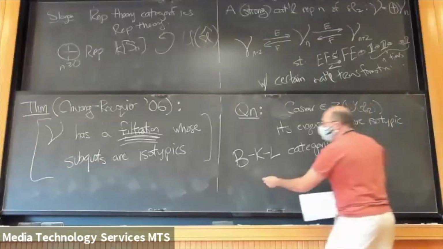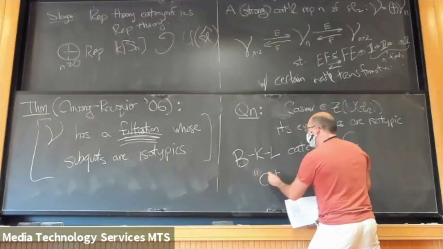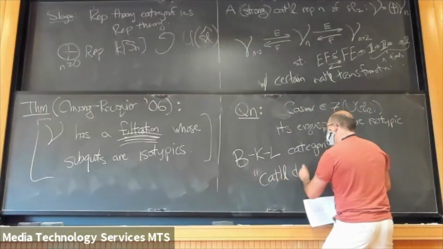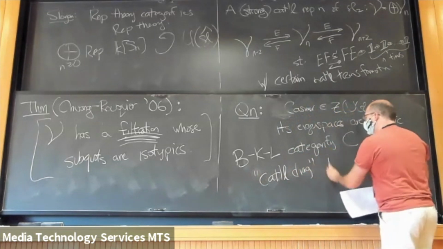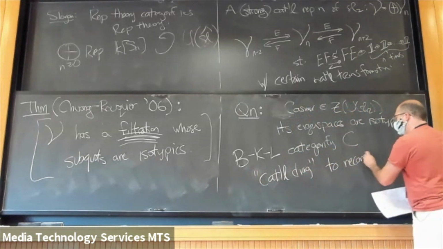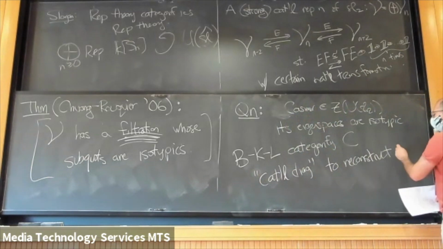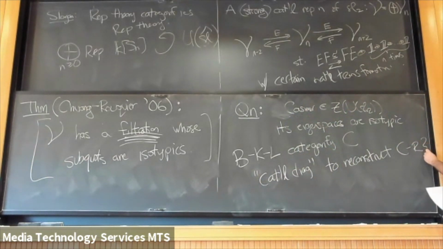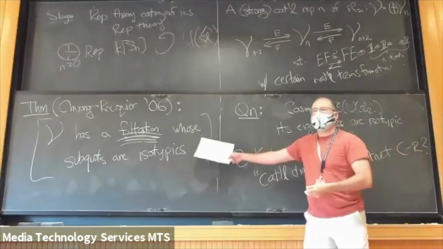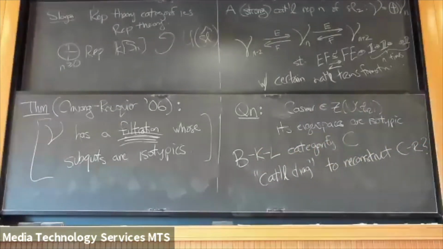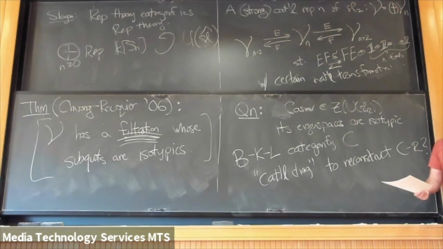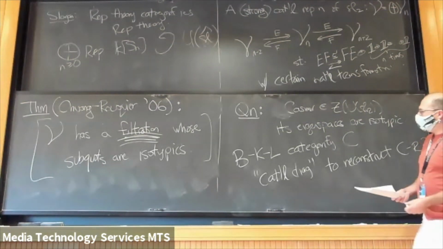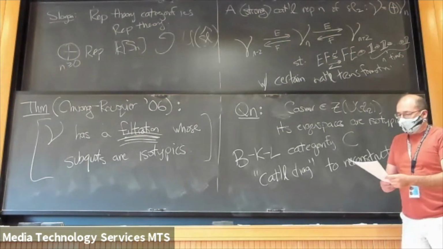And so can you use categorical diagonalization to reconstruct Chuang and Rouquier's theorem? Can you reconstruct this filtration using categorical diagonalization? Because morally, it should be something having to do with diagonalization when you're finding isotypic components. This is still completely a wide open problem.